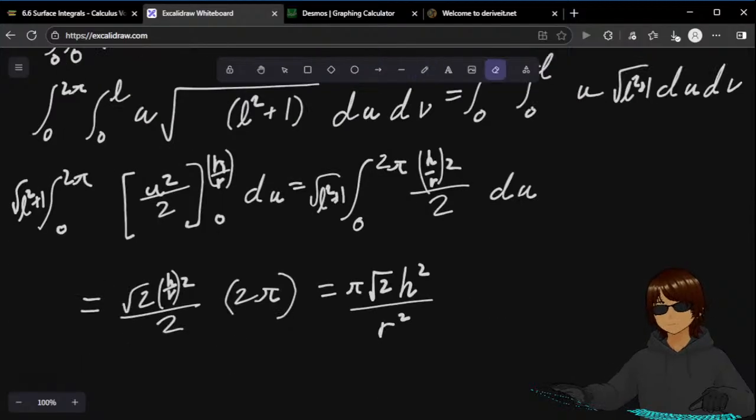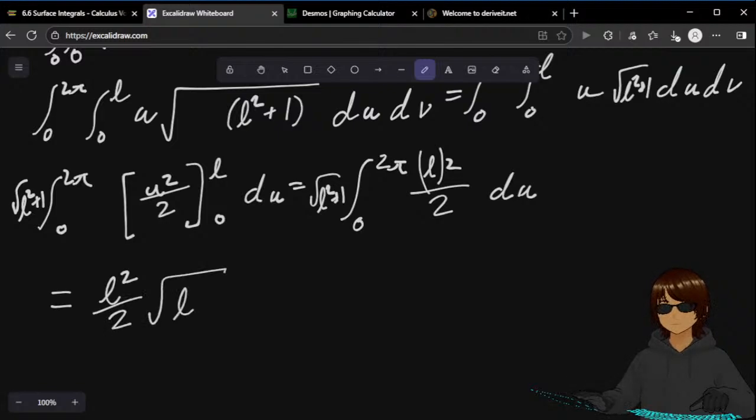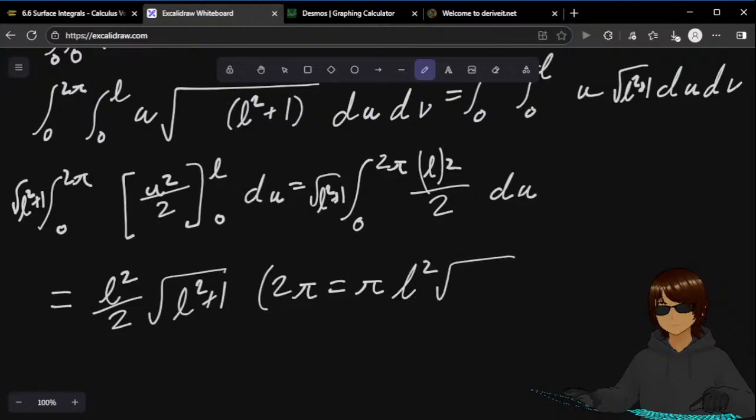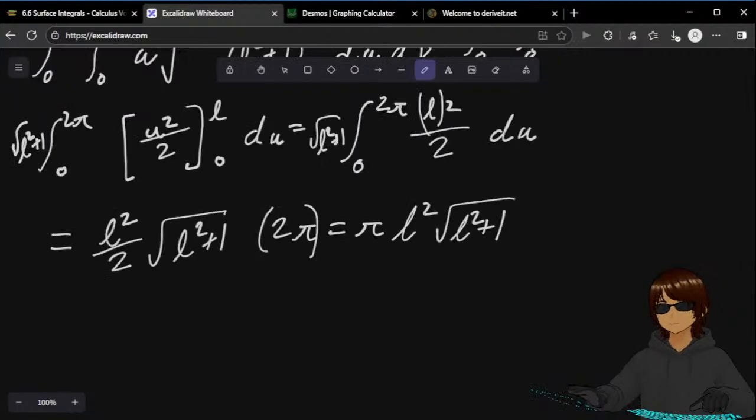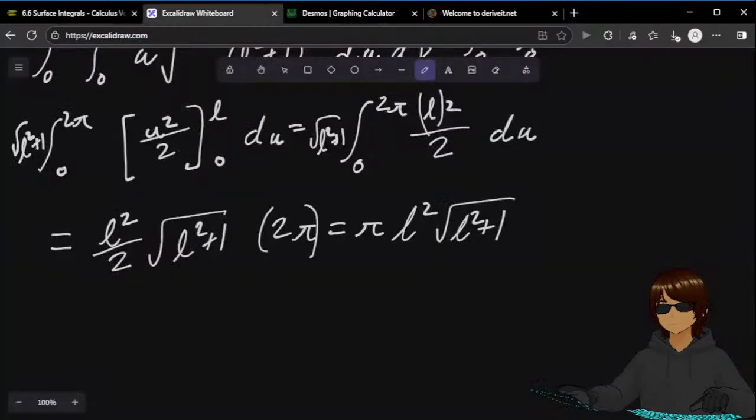L square over 2. This is a constant, right? And then L is H over R. Hold on.